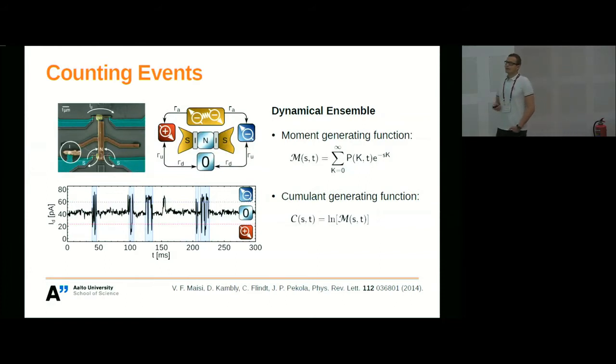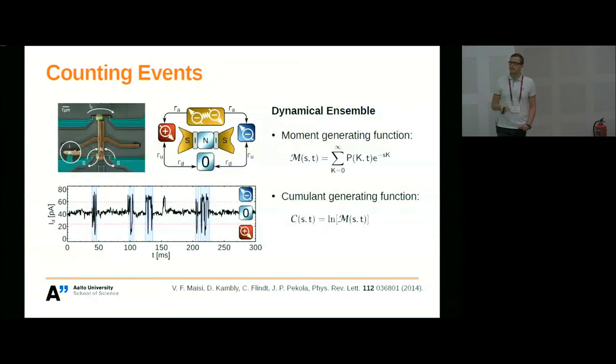So mathematically, we do that in the following way. We introduce a moment-generating function. I guess this object looks familiar to everyone. And it can be seen somehow as a dynamical ensemble of trajectories. Now here P of k and t is the probability that at time t I have observed k Andreev events, and s is my counting field.